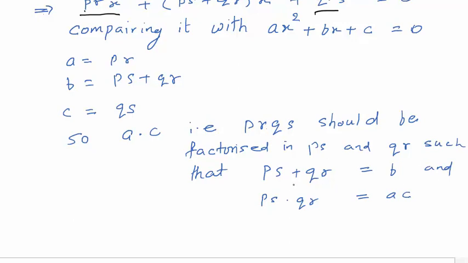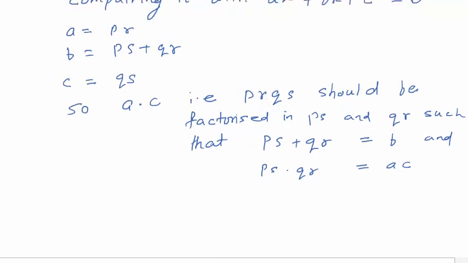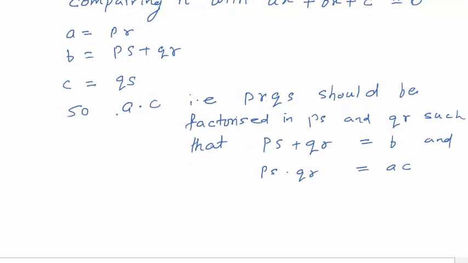So you can see that ps plus qr, it is your b term, and ps into qr, that is your ac term. That means what you have to do is you have to multiply a with c, and whatever term you are getting, you have to factorize that ac in such a way that their addition will be your b term.